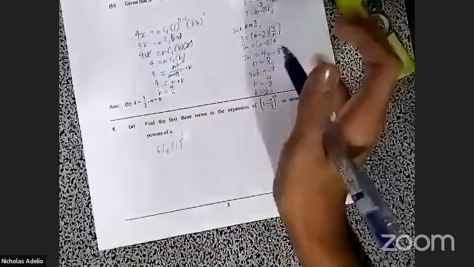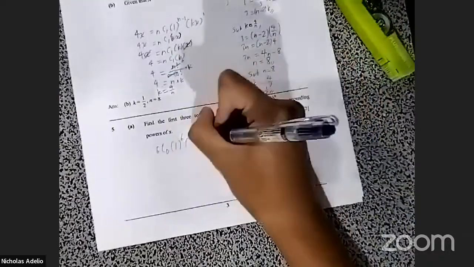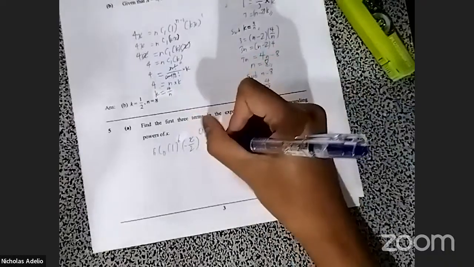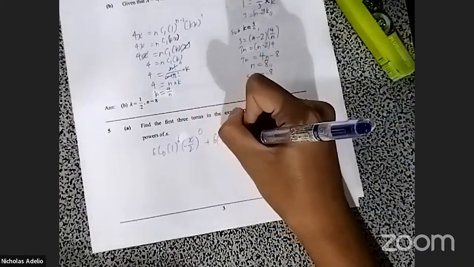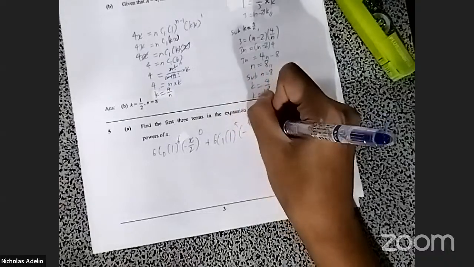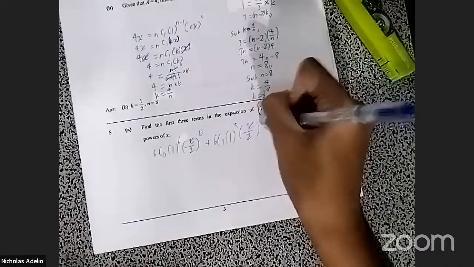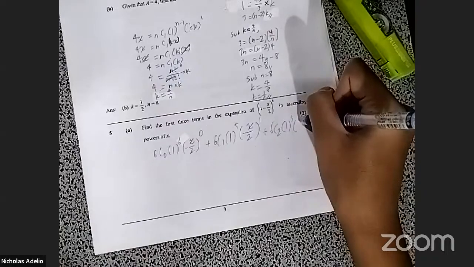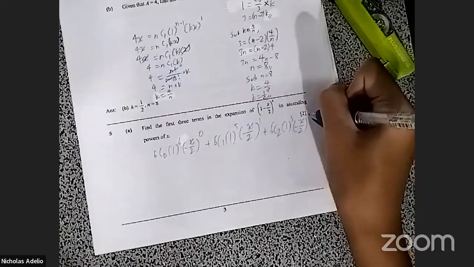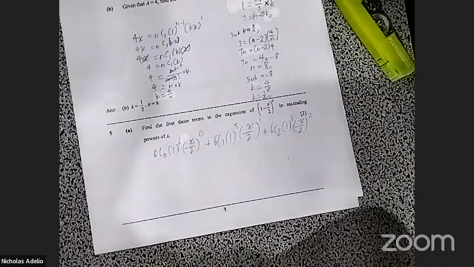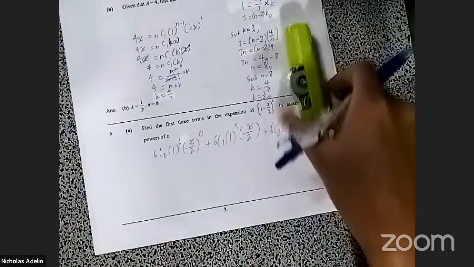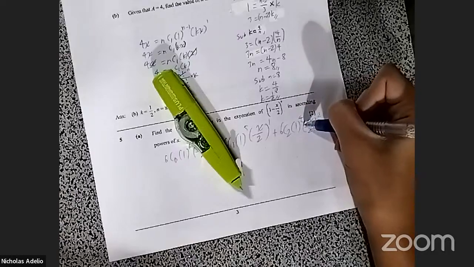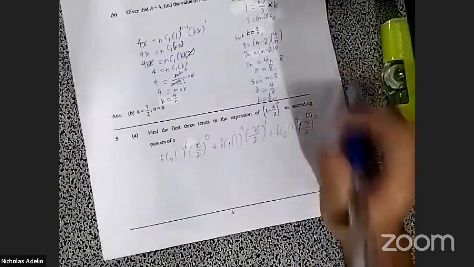I want to write 6 and write 0. N minus r is here. So that should be... 6, that's n r.